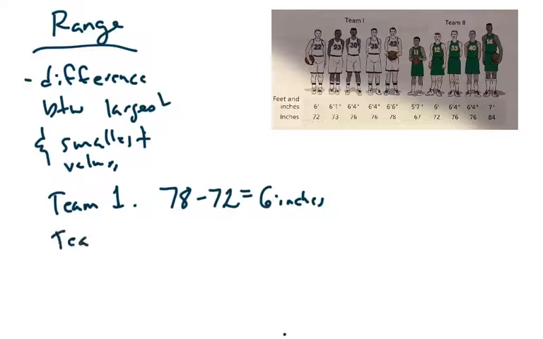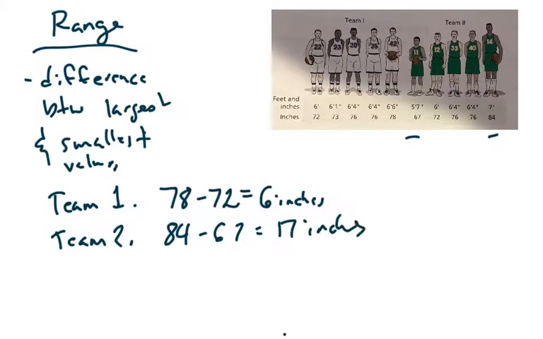However, for Team 2, we noticed that the data was more spread out, right? So Team 2 is going to have a larger range, I believe. That's going to be 84 minus 67, which gives us 17 inches. So this is 17, that's 6.